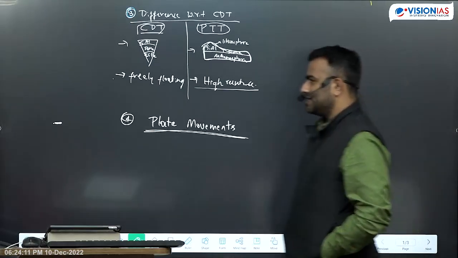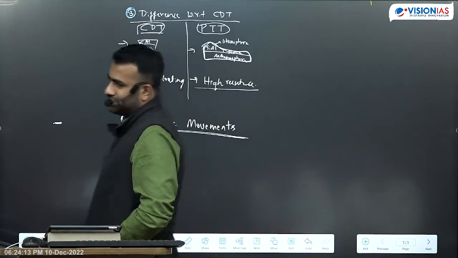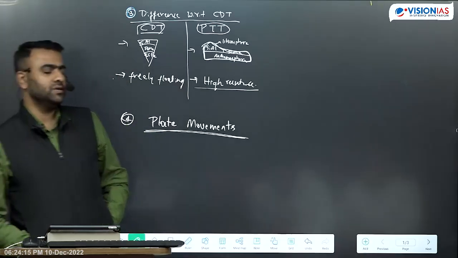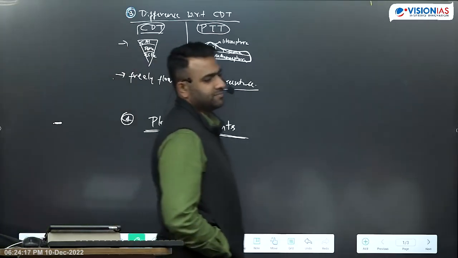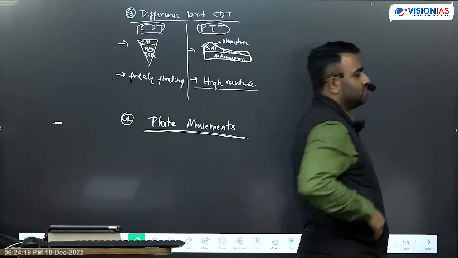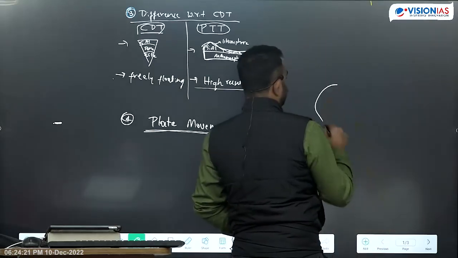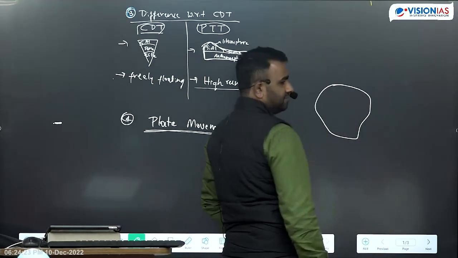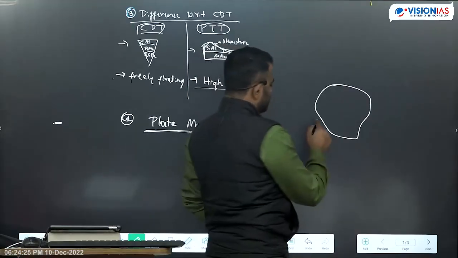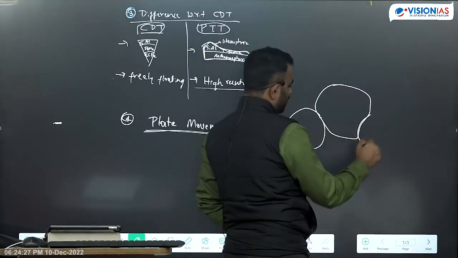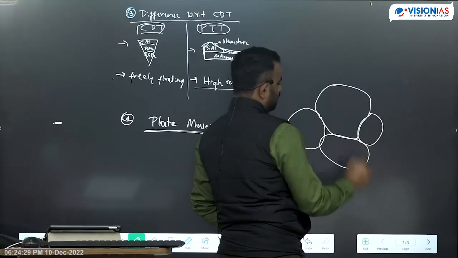This theory says that the plates are in continuous motion, in all the possible directions. And a plate is not necessarily moving in only one direction. Let's say this is one plate, this is another plate, and there are more plates here.